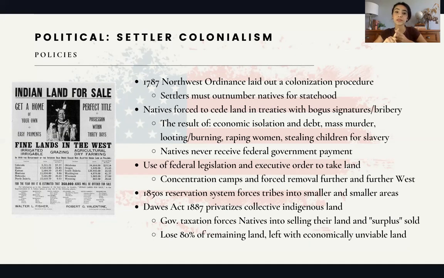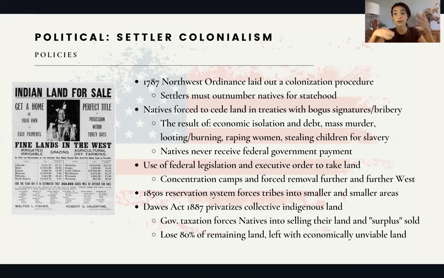Well, the first one was natives were forced to cede lands in treaties, often with bogus signatures or through bribery. So, the government would recognize someone from the tribe who wasn't even necessarily the leader of the tribe, and then they would get their signatures and say, well, we have the signature from Native American leadership.